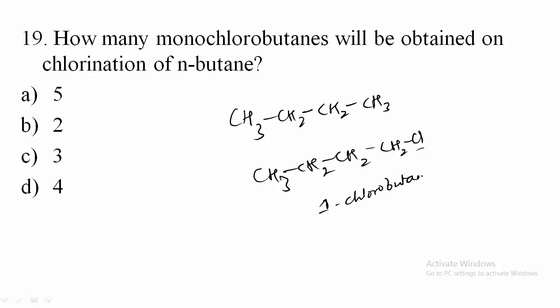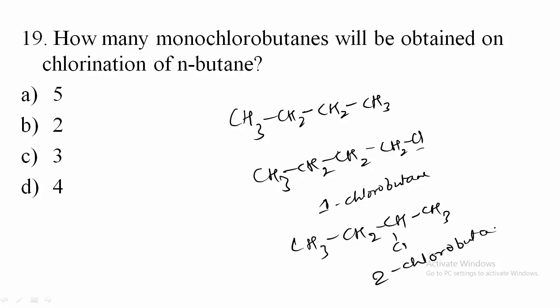What is the name of the compound? 1-chlorobutane. Now instead of that, I can add the chlorine at this carbon also. CH3, CH2, CHCl, CH3. What is the name of the compound? 2-chlorobutane. This is another possibility. Now I can remove the hydrogen here and substitute the chlorine here.